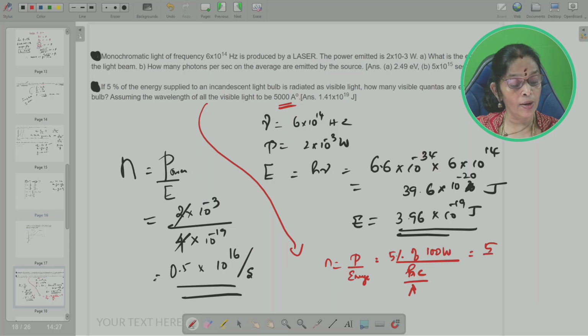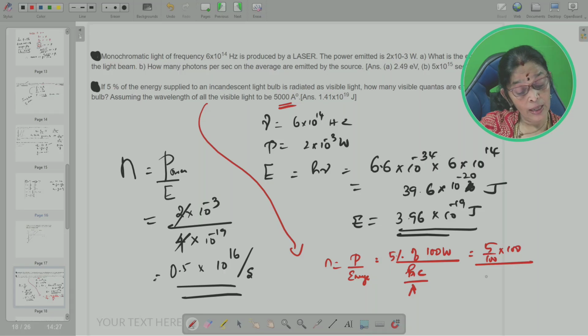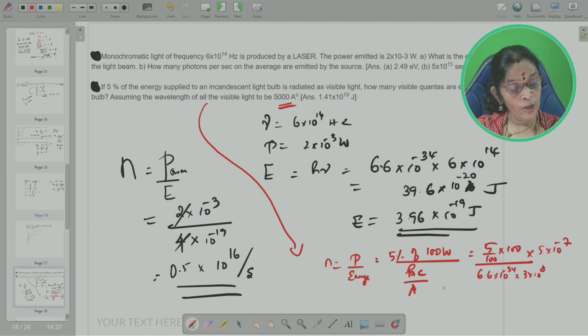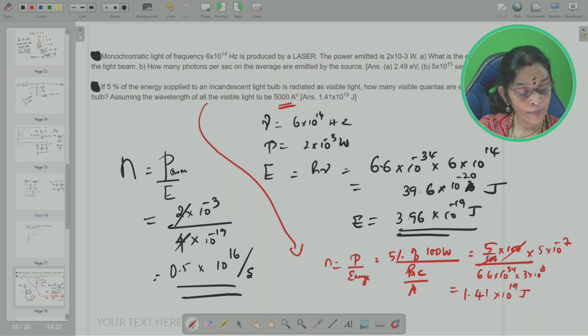So 5 by 100 into 100 divided by hc by lambda. That is nothing but 6.6 into 10 power minus 34, c is 3 into 10 power 8, lambda I am taking as 5 into 10 power minus 7. So when you substitute, 100 gets cancelled and you will get 1.41 into 10 power 19 per second.